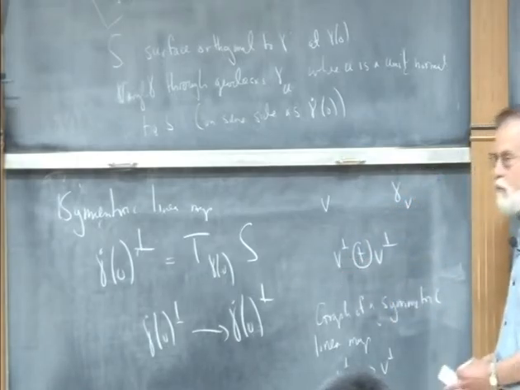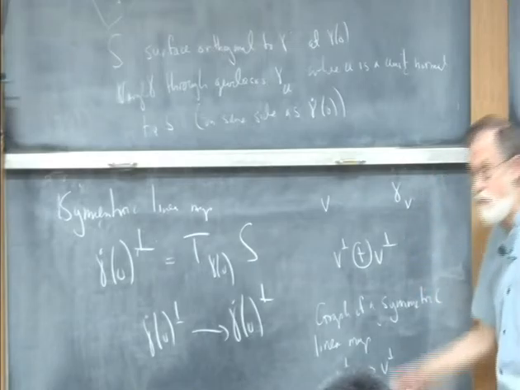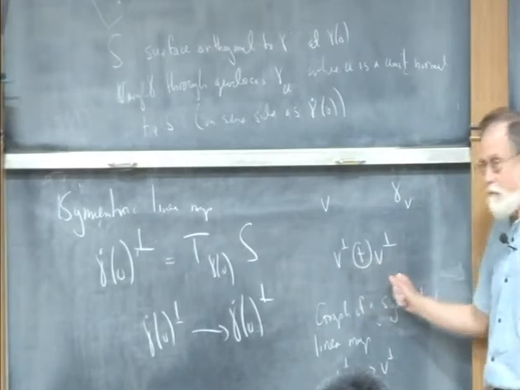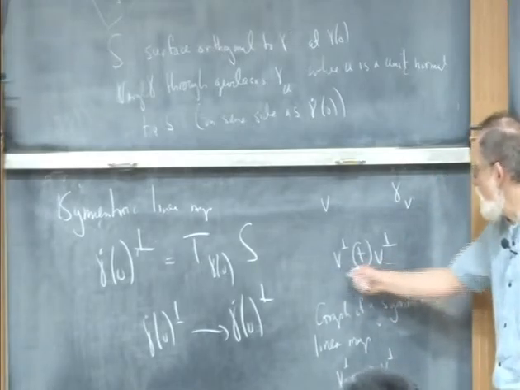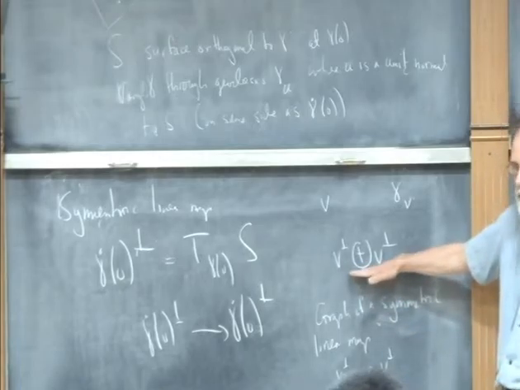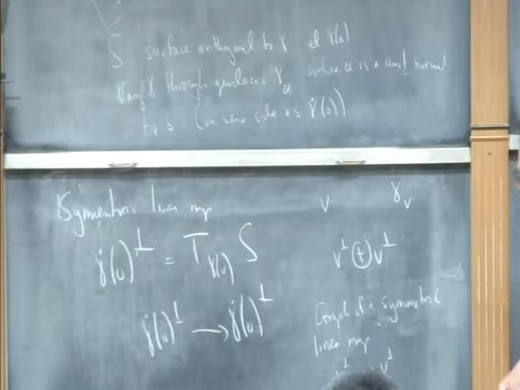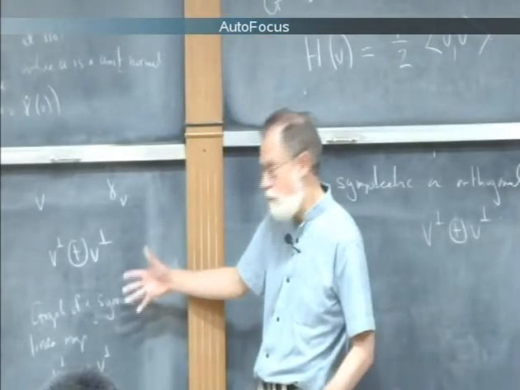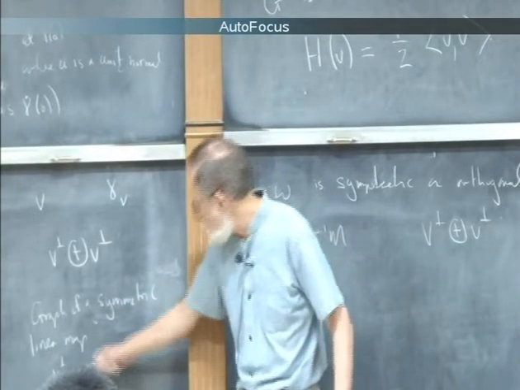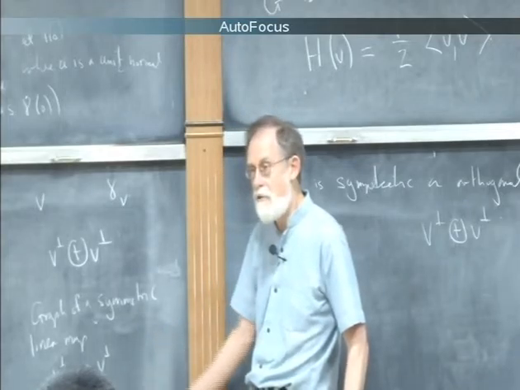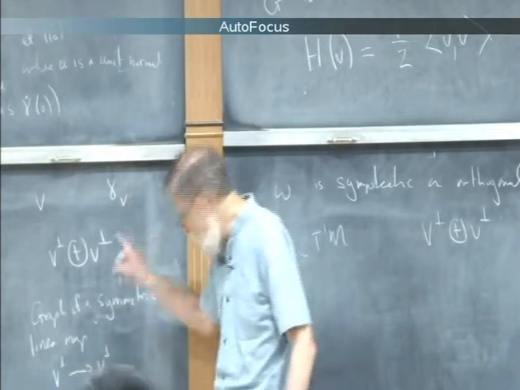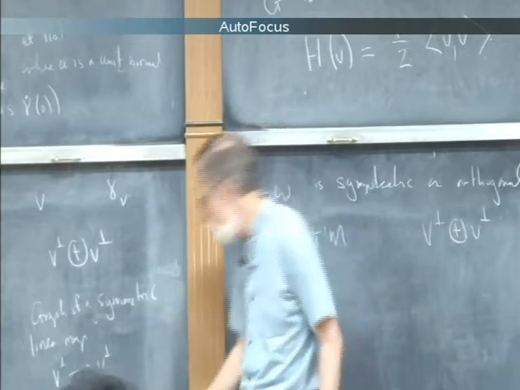So an n-1 dimensional family of Jacobi fields amounts to picking an n-1 dimensional subspace of this 2n-2 dimensional space. And the distinguished ones that we've picked out are the graphs of symmetric linear maps.